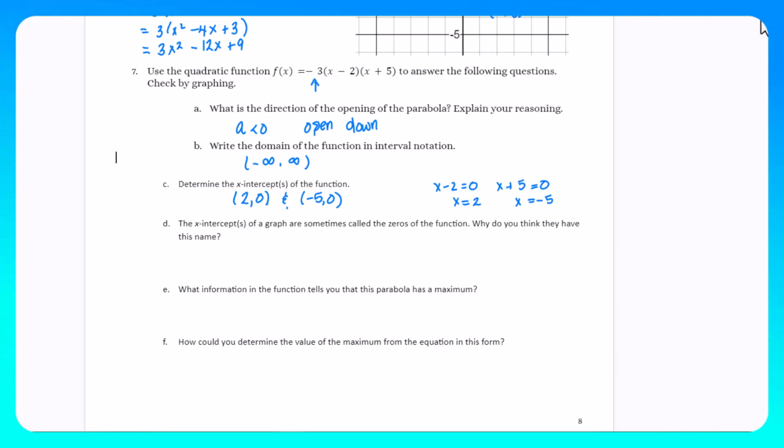Well, why are the x-intercepts of the graph sometimes called zeros? Why do you think this is? Well, we kind of just talked about it.